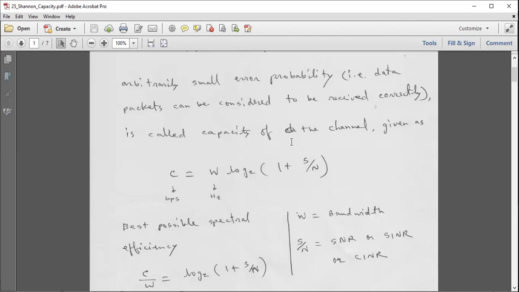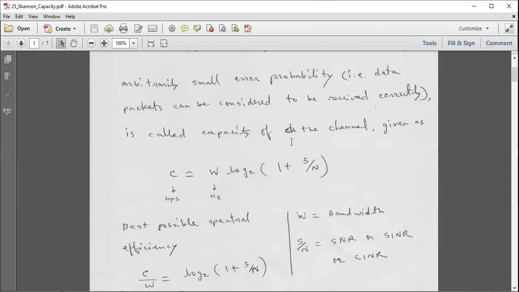We'll later show that usually this limit is set to 10% maximum. So deliberately they make their system such that it can lead to some error at the receiving end, not too much. The error probability is limited to a maximum of 10%.